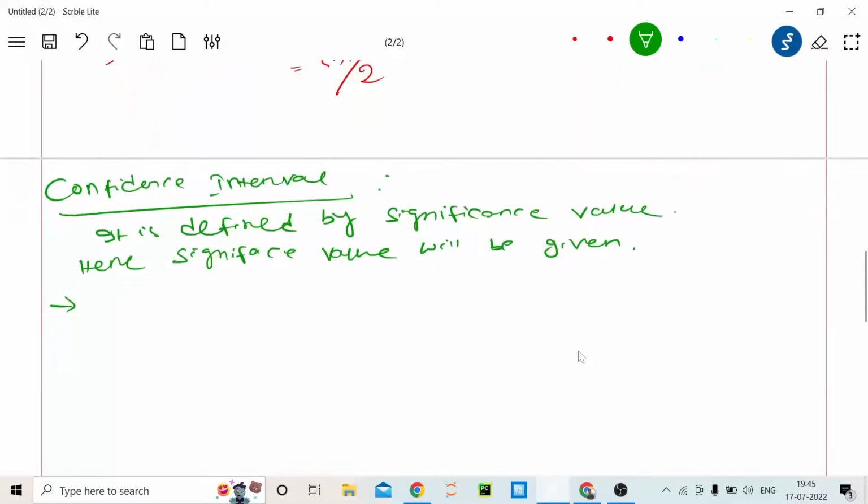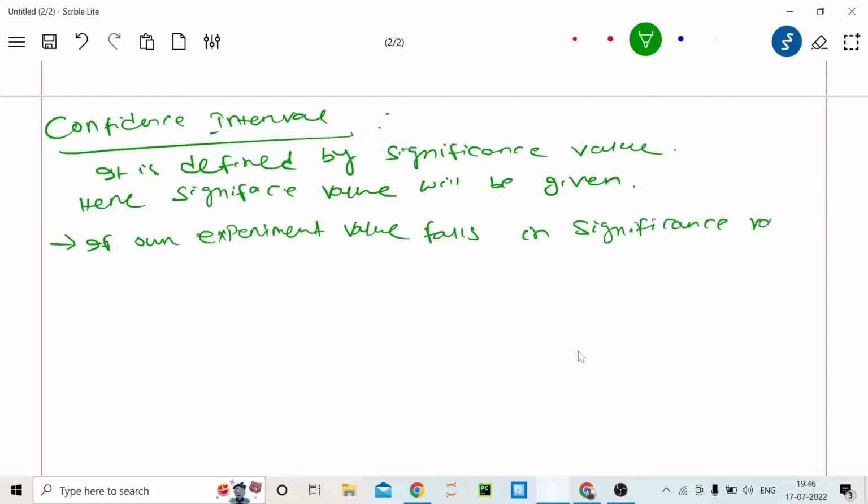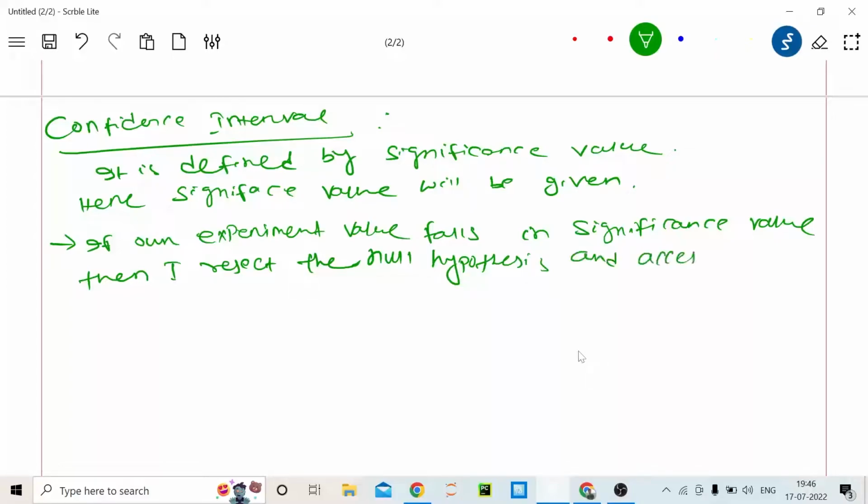One more point is that if our experiment value falls in the significance value, then what will I do? Then I reject the null hypothesis and accept the alternative hypothesis.